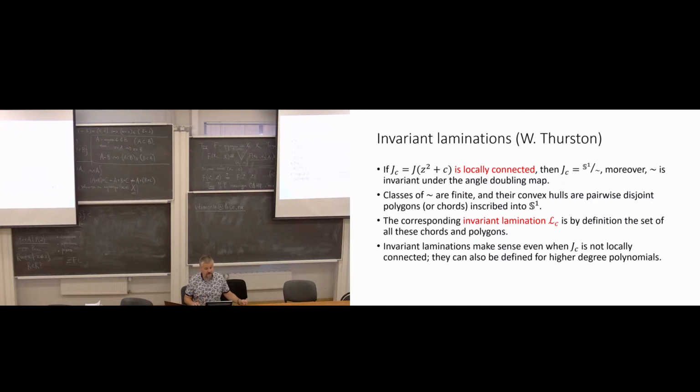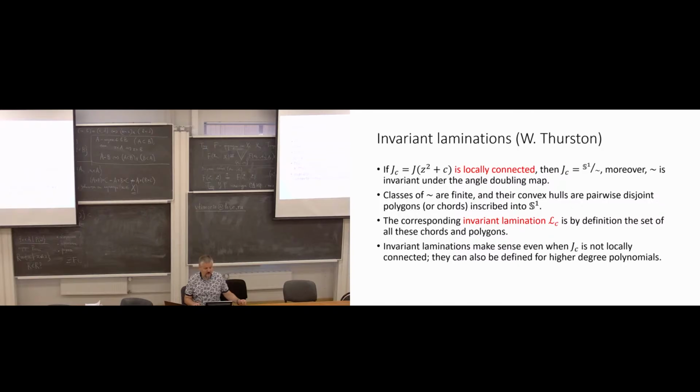Classes of this equivalence relation are finite, and their convex hulls are pairwise disjoint polygons or chords inscribed into the circle. This is what we discussed in particular cases. So the corresponding invariant lamination is just the set of all these chords. It is enough to take all the chords, not even polygons, just chords.